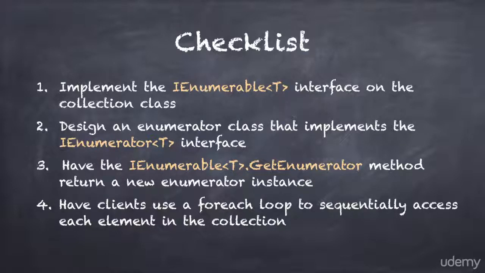Have the IEnumerable.GetEnumerator method return a new enumerator instance. And finally, have clients use a foreach loop to sequentially access each element in the collection.